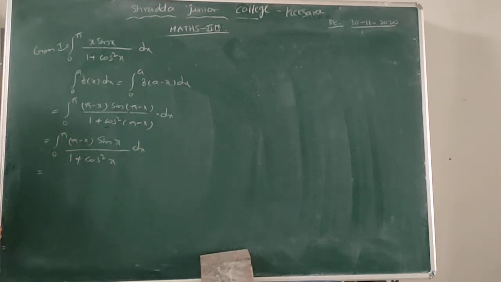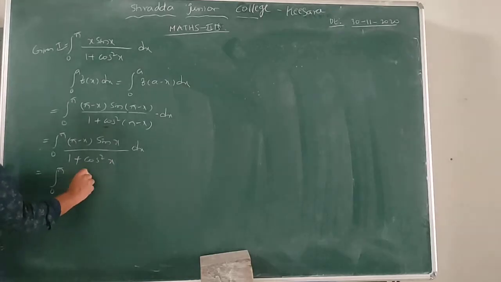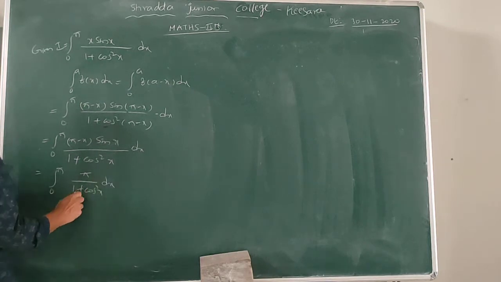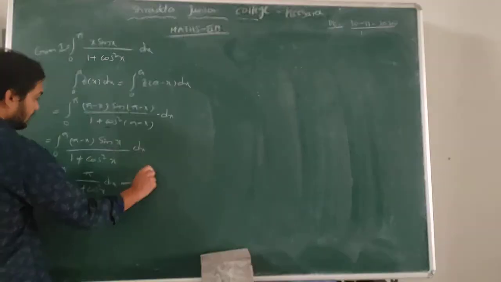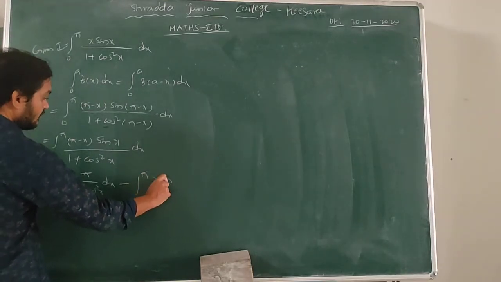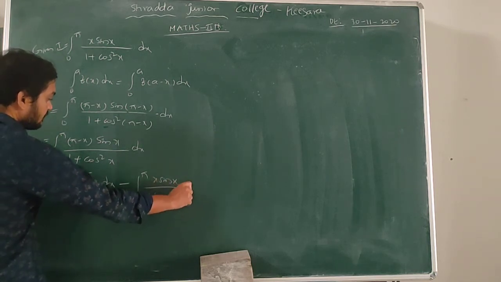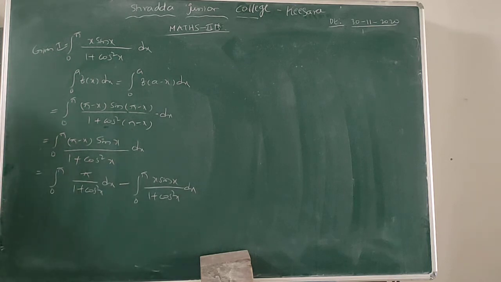So see here, each and every term is split by the denominator. Integration 0 to pi pi by 1 plus cos square x dx minus integration 0 to pi x sin x by 1 plus cos square x dx.